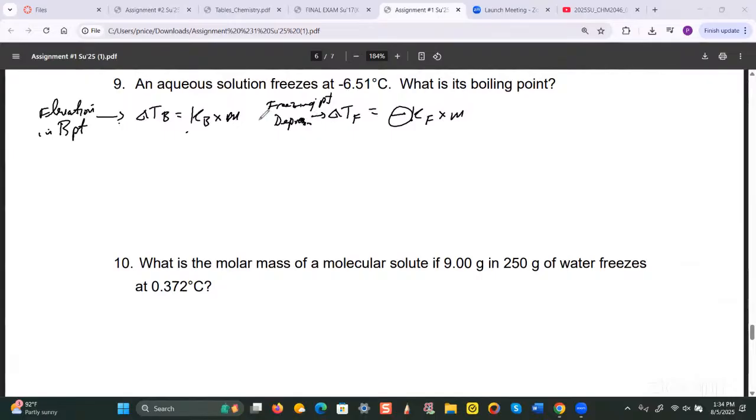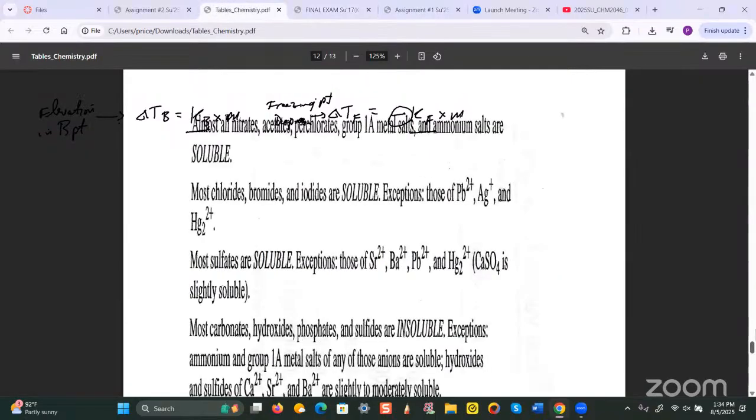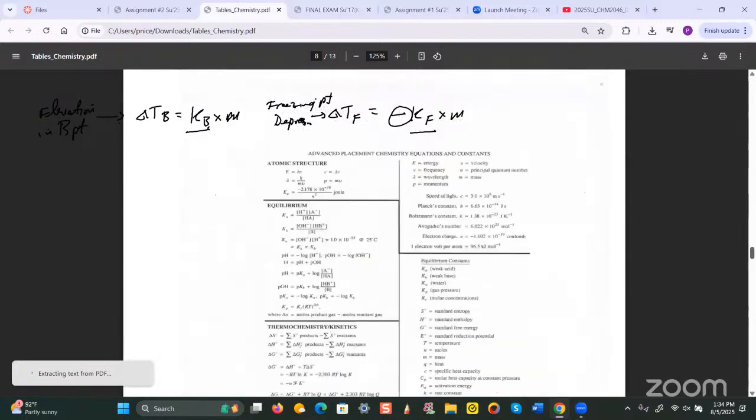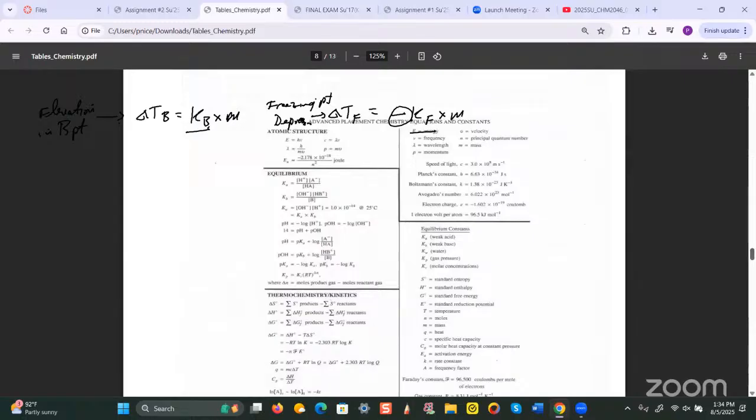And the KB and KF values are constants, which are given in the table. In fact, let me see. If they're not given in the table, then I would have to provide it, but I'm quite sure it's provided in one of these pages. Which one is it?